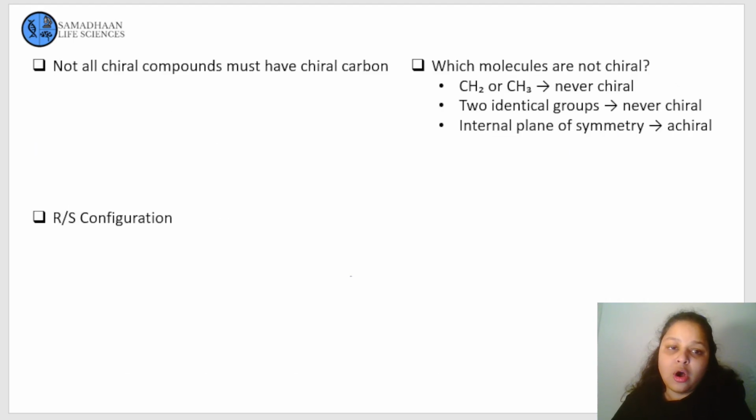Now, all chiral molecules need not have a chiral carbon. For example, this type of molecule, this is an allene.